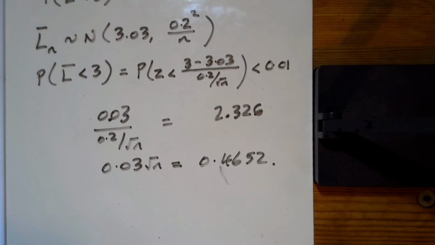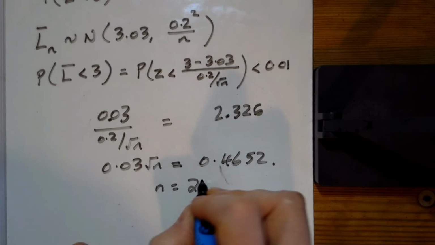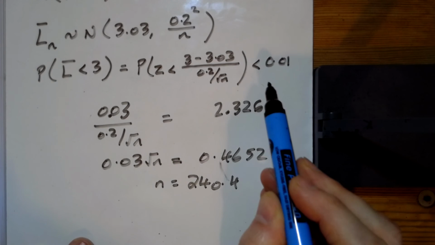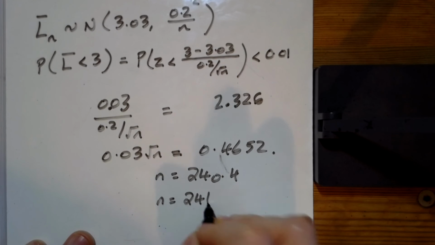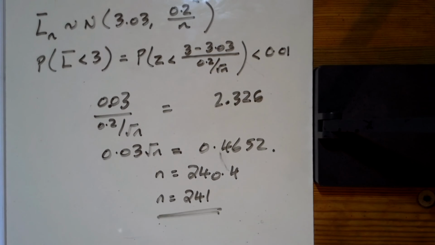If I divide that by 0.03, that gives me 15.5, and then I square that. That gives me n is equal to 240.4, and we want it to be slightly bigger than that, so n equals 241 is the minimum sample required before the probability is less than 1%.